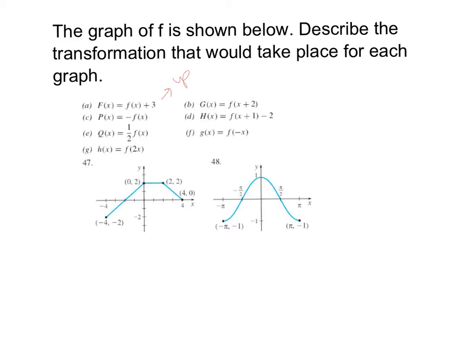It shifts it up 3. When the inside has a +2, it's shifted left 2. When you have a negative in front, it goes upside down, right? So it reflects across the x-axis.